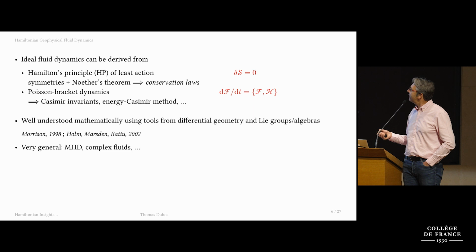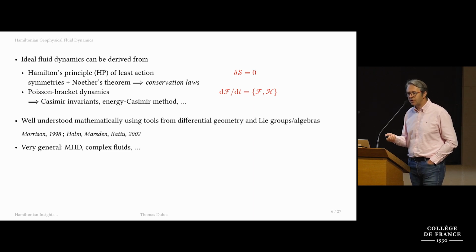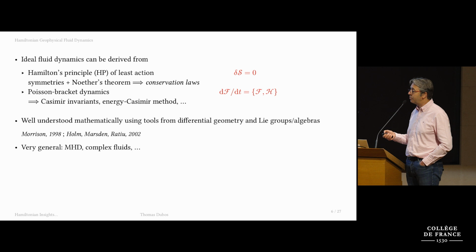For the least action principle, it is well known that if you have some symmetries in the system, then there's a theorem by Noether that tells you that there are conservation laws. So it's a very powerful way to build systems with conservation laws, which of course is important in physics, such as energy and others.